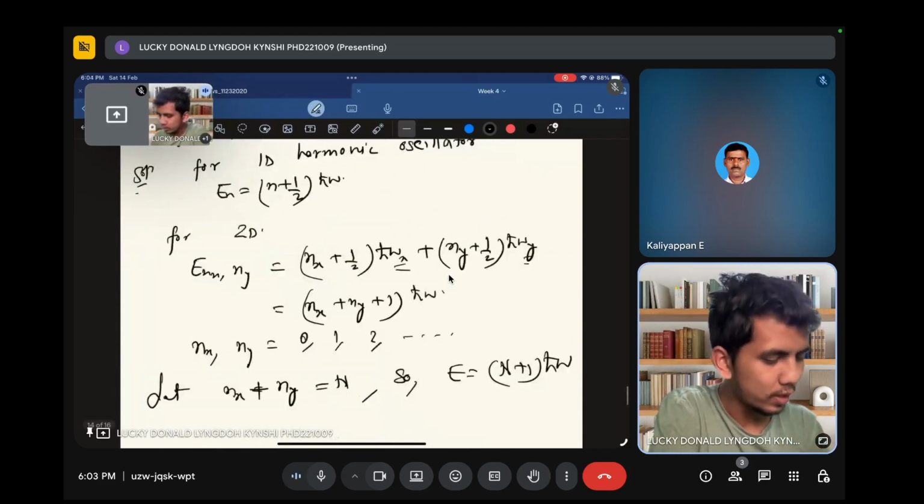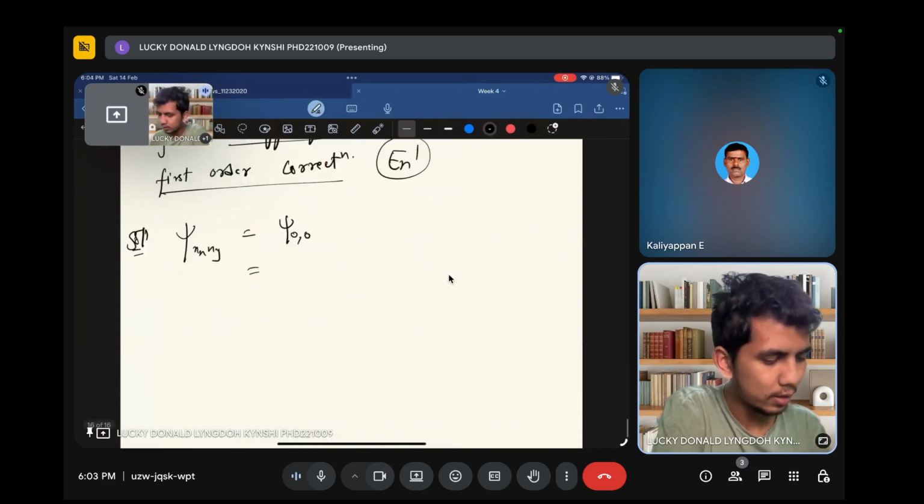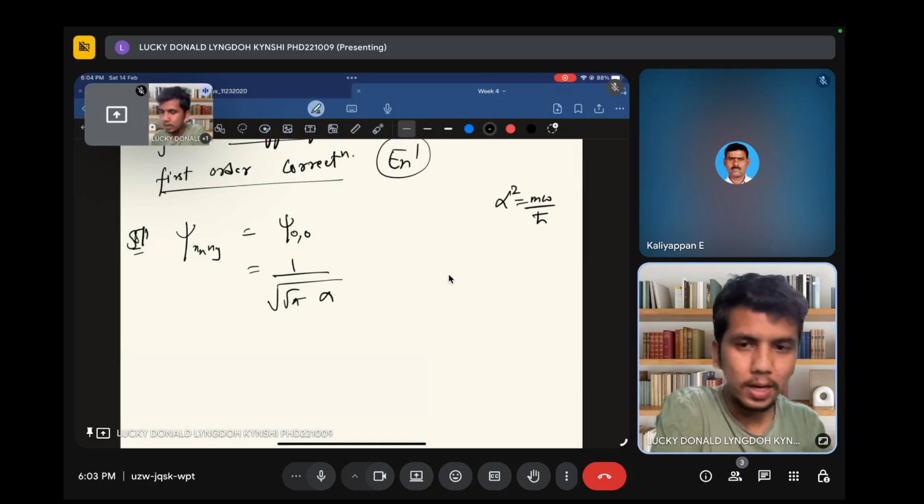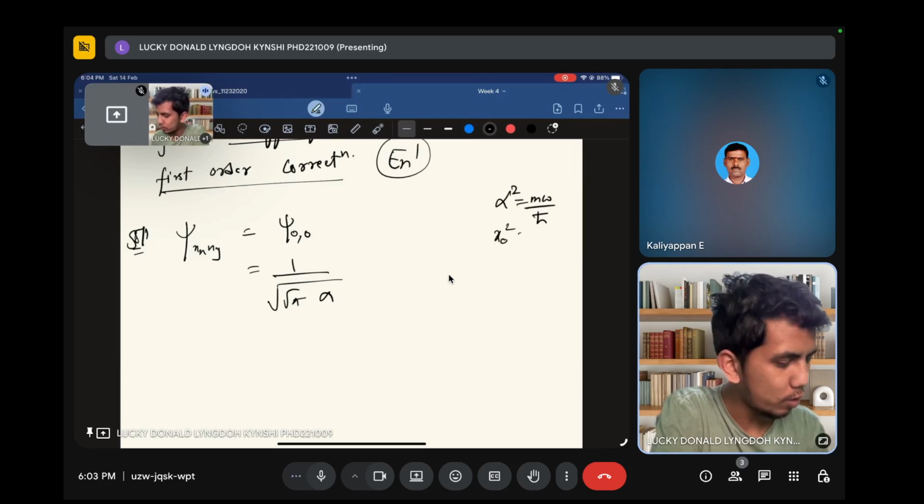You will get this equation, 1 by root over pi alpha. Alpha square is equal to m omega by h cross. In the previous case I have written this as x naught. It's also the same: x naught square is equal to m omega by h cross. Either way, it's just a representation.